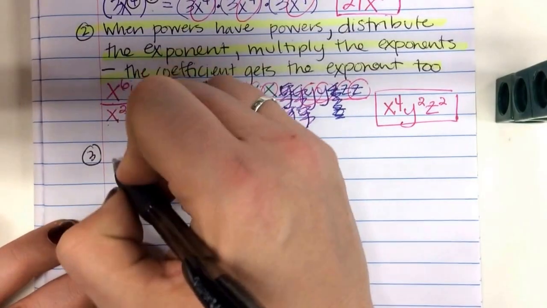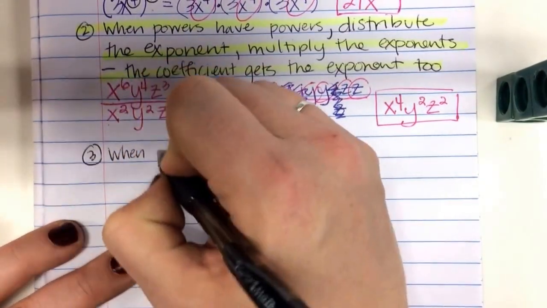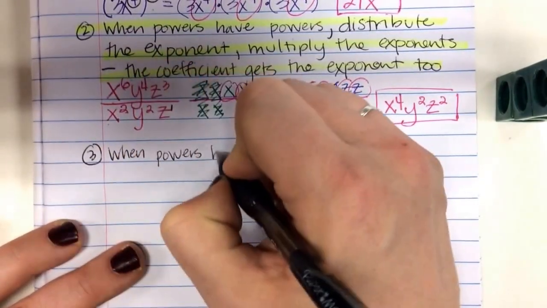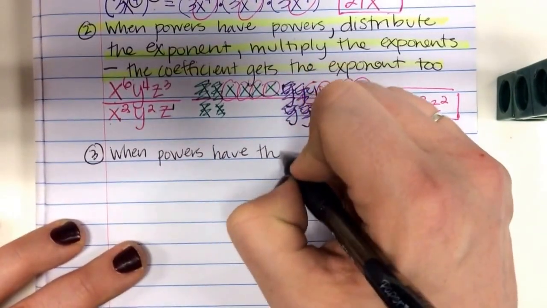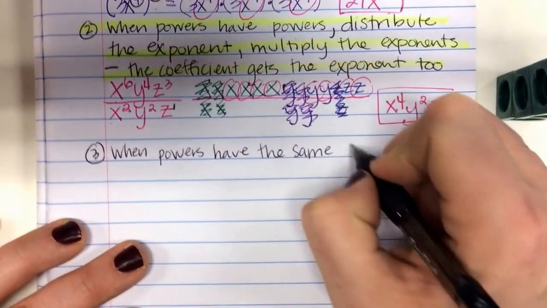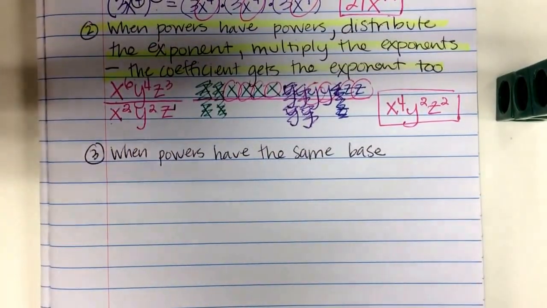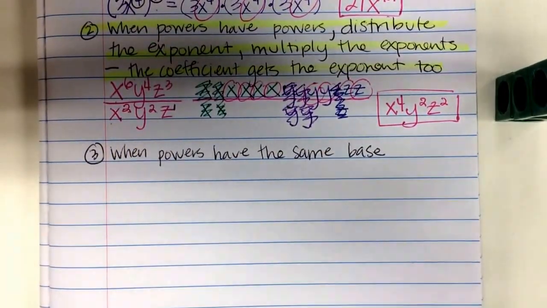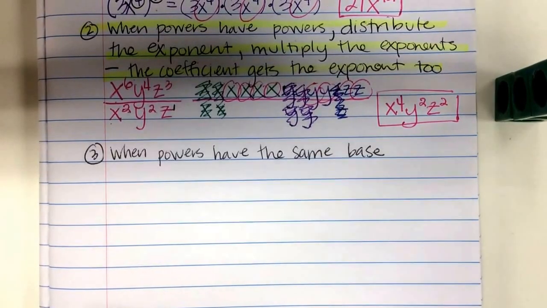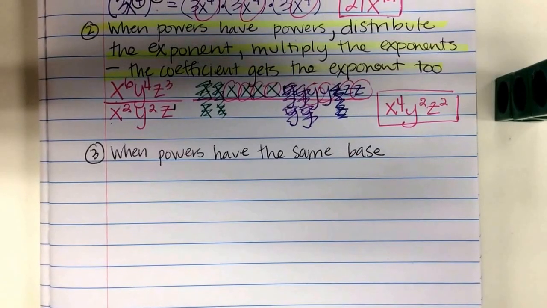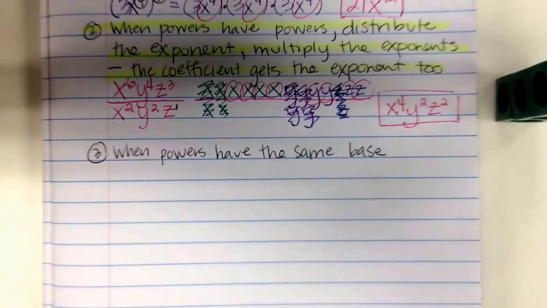Perfect. When powers have the same base, you can only do it to the ones that have the same base. What do you do, Miles? Subtract the exponents.